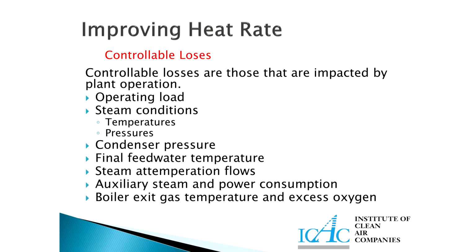So what can I do now to control those losses? We break them down into several areas, and specifically we look at what is impacted by the plant operation. One of the things you look at is the operating load. I have some slides that I will show you on the impact of some of those conditions.